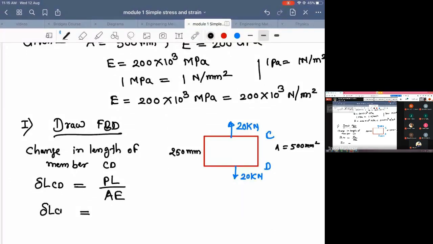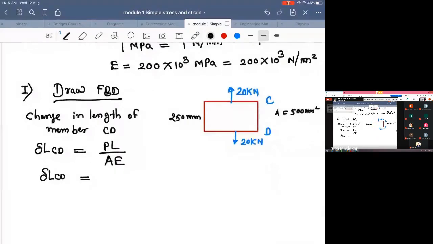Delta L for CD is equal to P, the force. How much is the force here? For member CD, 20 kilonewton tensile force. Therefore, there will be expansion. I will convert kilonewton into Newton because the value of E is in Newton.